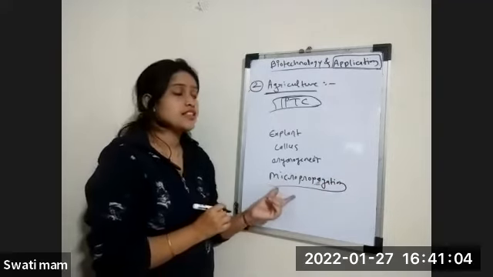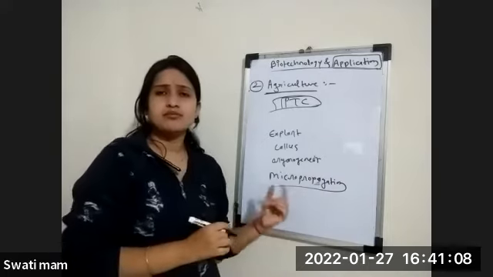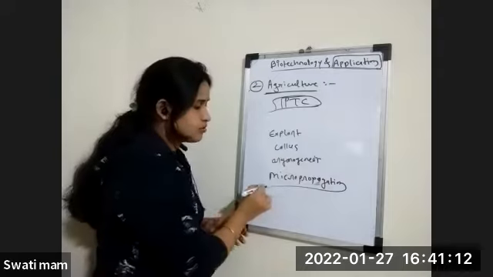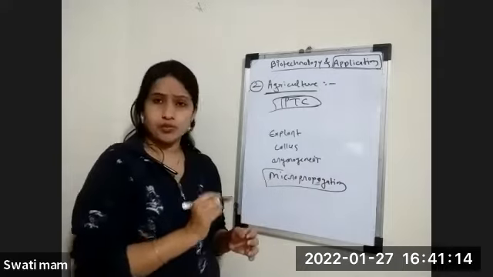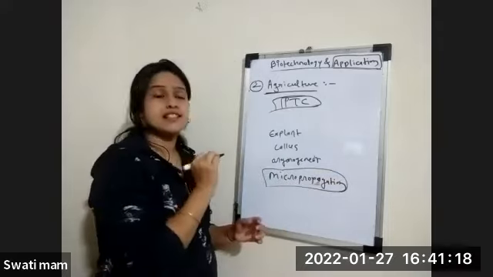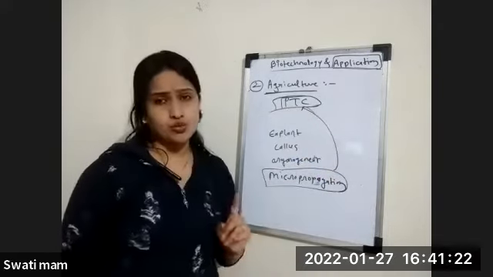Micropropagation means it is the technique where we can form multiple plants within a very short time. That is nothing but the process of micropropagation, okay? And this micropropagation process is carried out by means of PTC, that is plant tissue culture.